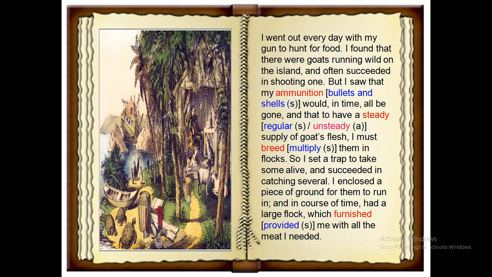I found that there were goats running wild on the island, and often succeeded in shooting one. Robinson Crusoe found that there were wild goats, and he was also successful, means was always successful, in shooting one of those goats for flesh.